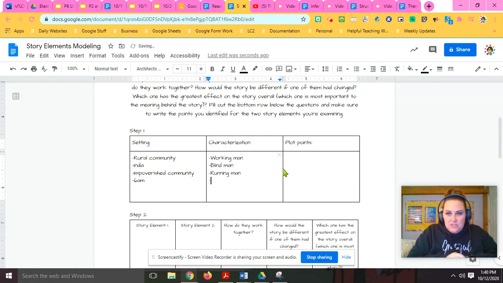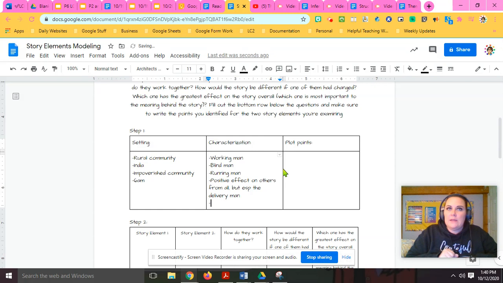What other characterization? There was a positive effect on others from all of them, but especially the delivery man. So speech, nope. Thoughts, nope. Effect on others, yes, and that was positive.